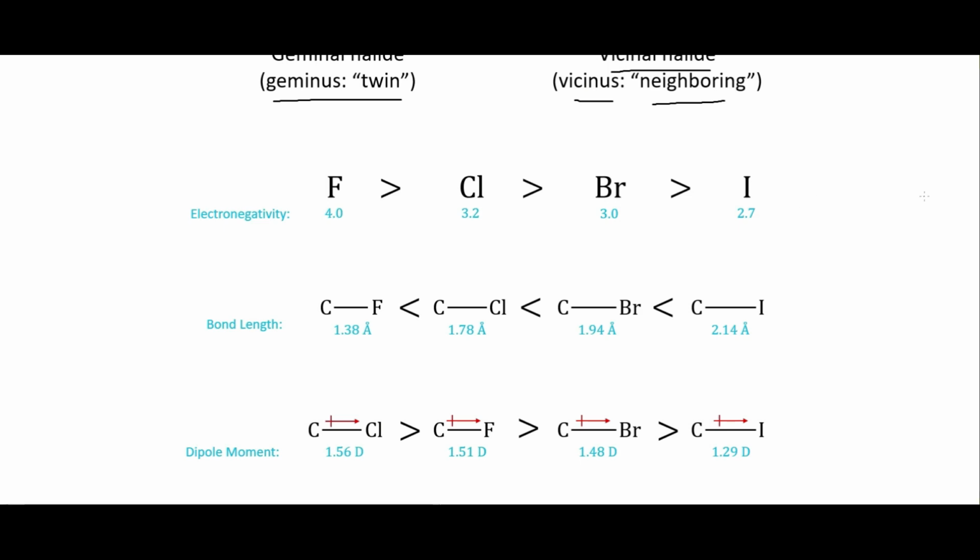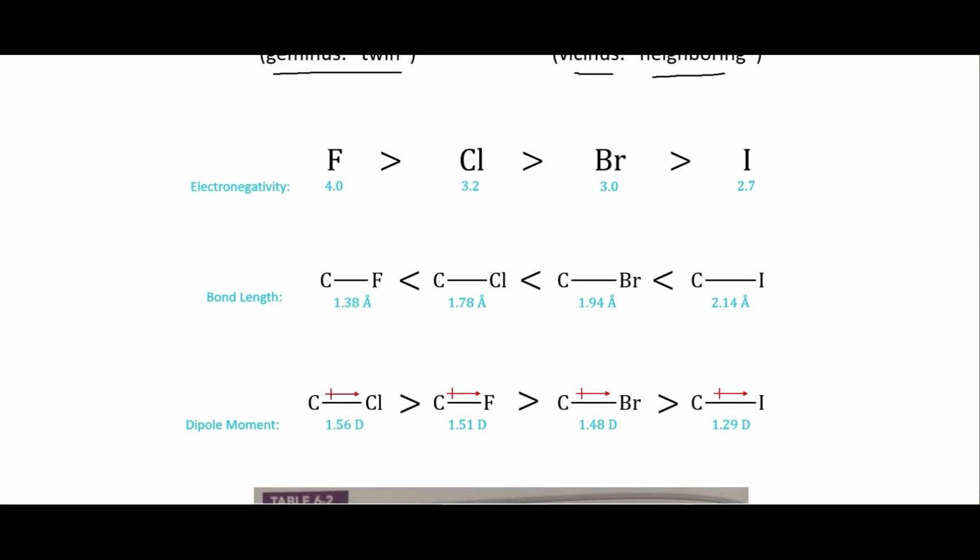All right, so then if we want to look at the halogens here, so we have the electronegativity here. So the fluorine is the most electronegative, then chlorine, then bromine, then iodine. And so that's just that periodic trend. As you go down that column, they become less and less electronegative.